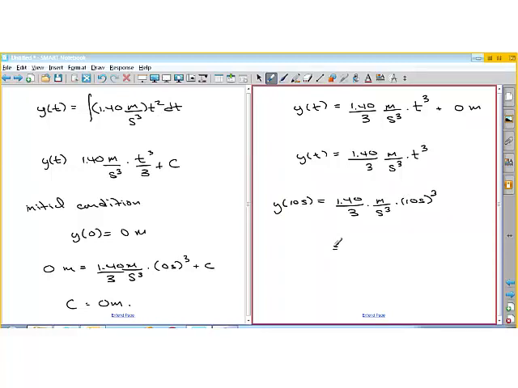Let's see what I get. 1.4 divided by 3 times 10 cubed is 467 meters.